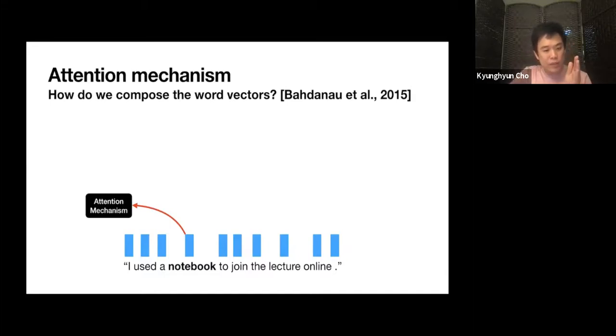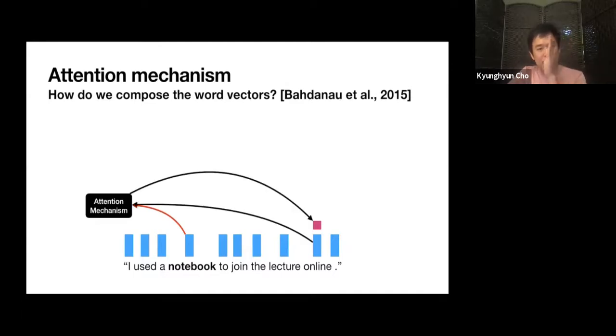And then this attention mechanism is going to take the word vector of the word that we want to resolve the ambiguity of, and then compare it against each and every word in this sentence. And every time it compares the word vector of the notebook against the word vector of another word in this sentence, it's going to assign a so-called attention weight, or attention score.